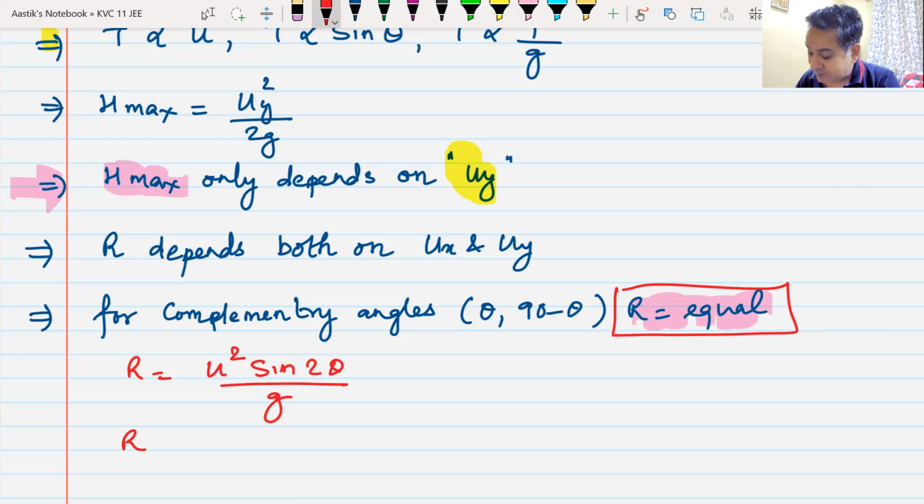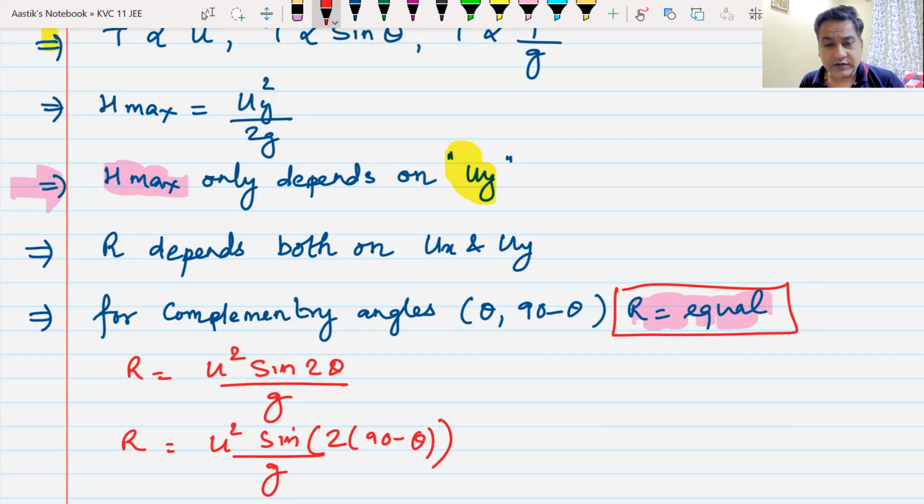For angle 90 minus theta, it will be u square multiplied by sine of 2 times 90 minus theta. Sine of 2 times 90 minus theta becomes sine of 180 minus 2 theta. That will become sine of 2 theta. So both of these ranges would be coming same. Do we understand this?